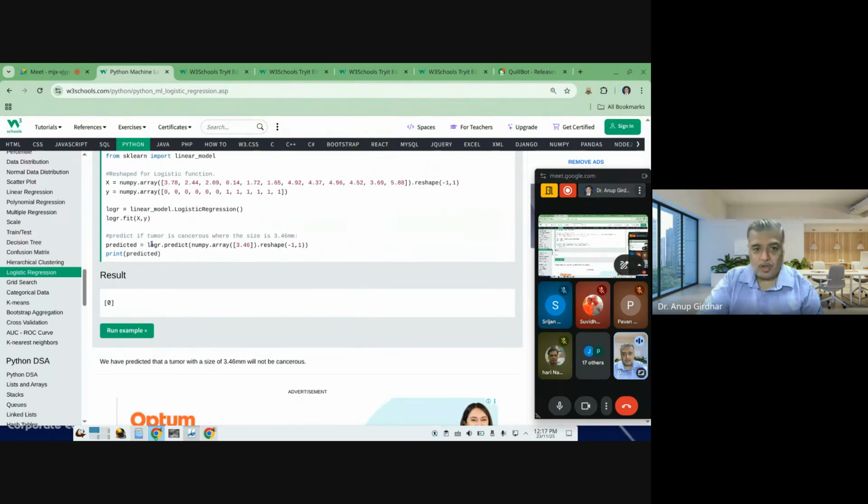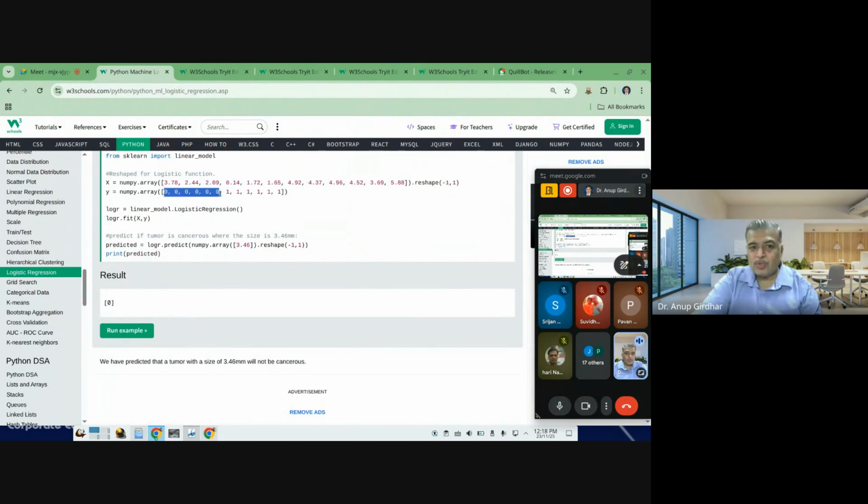For prediction, use the logr.predict method, where the numerical value in the array is the value you want to search, that is 3.46, and it is mandatory to reshape your data with -1, 1 again. On that basis we go for prediction, and the output comes.